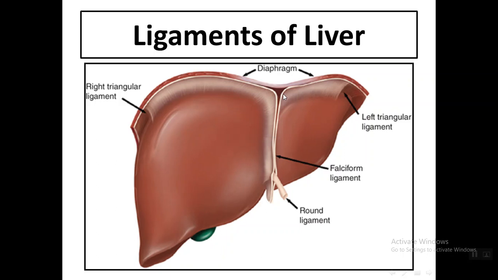The falciform ligament superiorly will split into two layers, one that passes to the left to form the left triangular ligament, and one that passes to the right to form the upper layer of the coronary ligament, and the right extremity of the coronary ligament will form the right triangular ligament.